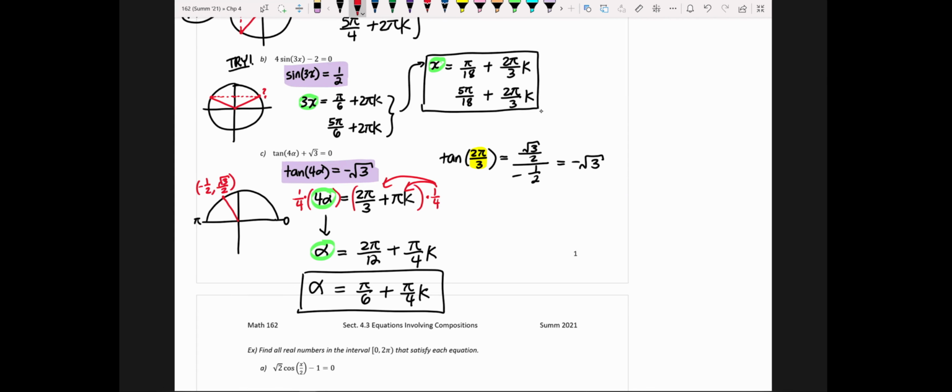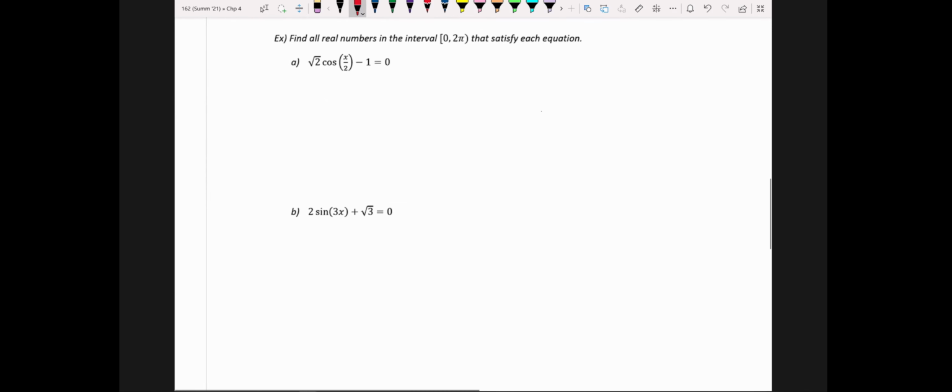Okay, so let's move on to the second page. There's going to be one problem that kind of ties it all together for you to try. But first, let's see our pre-steps. They tell us to find all real numbers in the interval between 0 and 2 pi. So this time we have specified solutions.